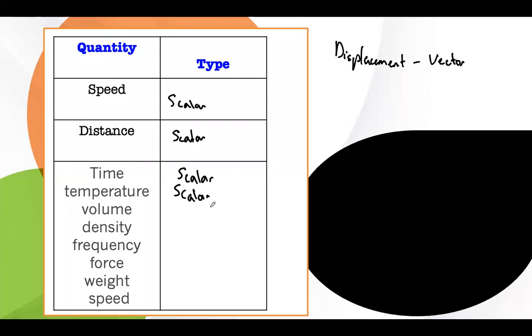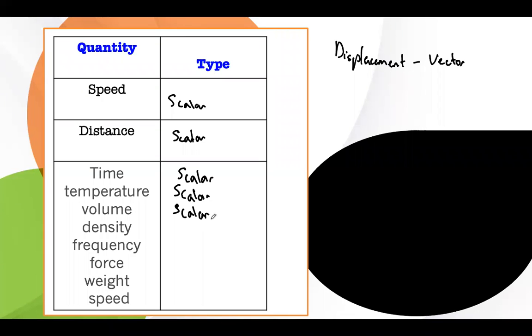And when you're talking about a vector, you take into consideration both size and direction. And what about volume? Is volume a scalar or vector quantity? Scalar.